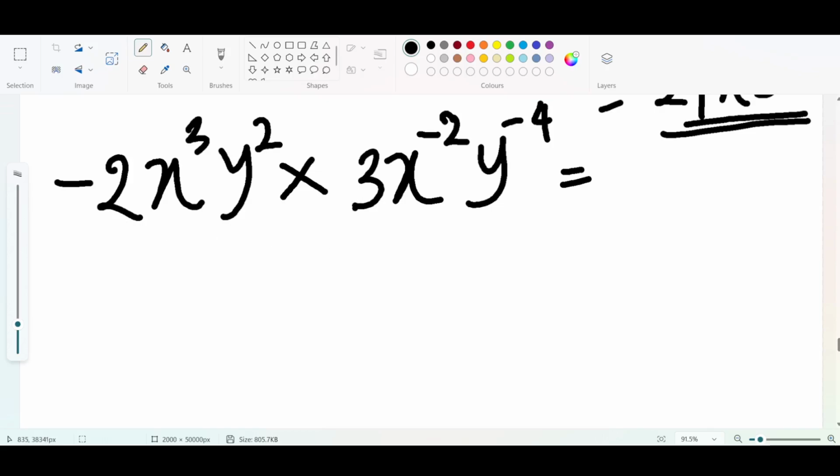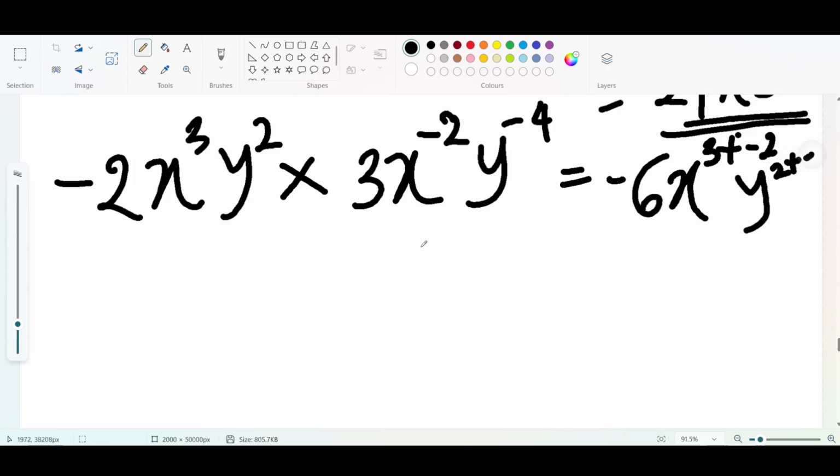That's minus 2 times 3, which is minus 6. Now for x, we add the powers together: 3 plus minus 2. And for y, it is 2 plus minus 4.